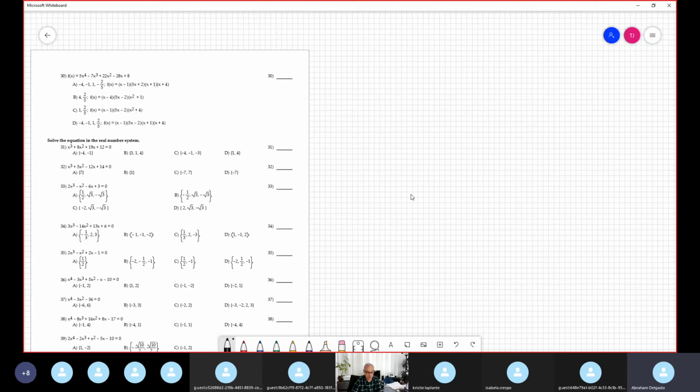Okay, 30 is 5x to the 4th power minus 7x to the cubic power plus 22x to the 2nd power minus 28x plus 8. This is our polynomial of degree 4.